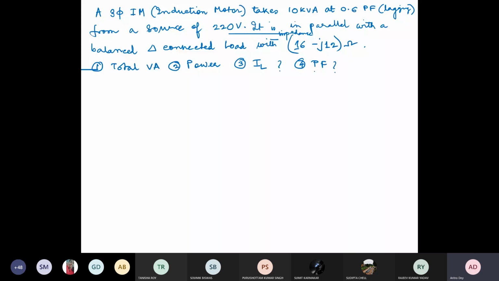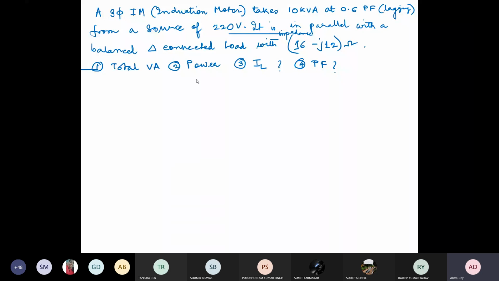So what was there initially, you have connected with the 220 volt, and with that you are connecting a three-phase motor. The kVA is given, power factor is given, that means it is a lagging inductive load, and the source voltage is given, so you can find out the effective line current for that particular motor.